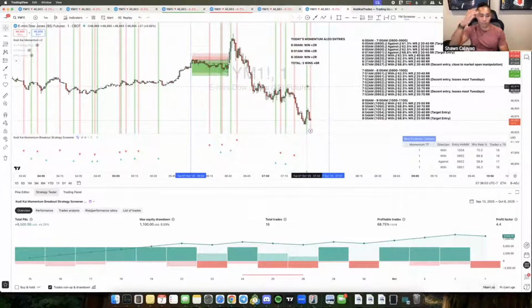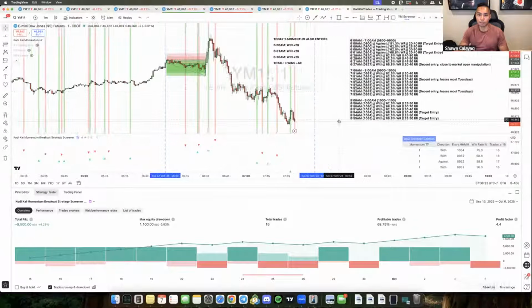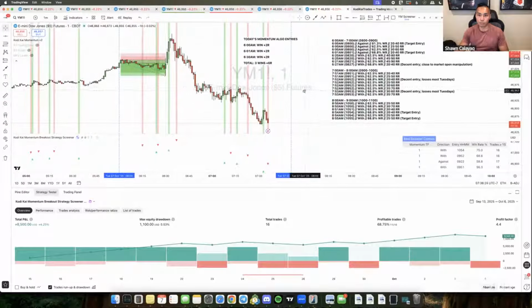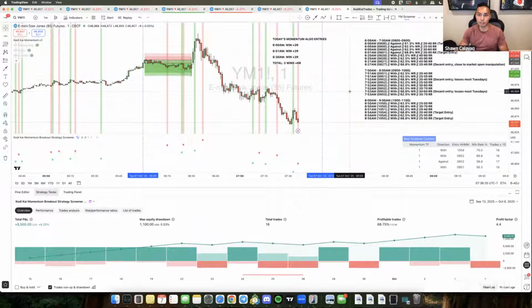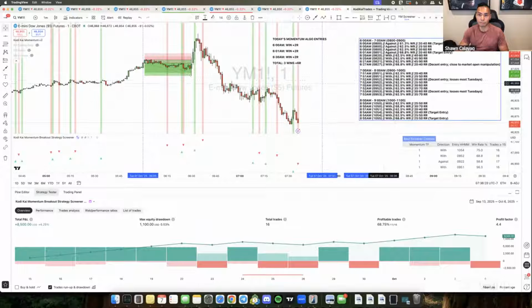A lot of people were asking if we could automate this. We could automate it, but the thing is you don't want to take every single entry that comes up, right? You still want to have some sort of manual discretion here to identify, okay, do I want to take the trade or do I not want to take the trade? Because they're not all going to be good, right? Even though the probabilities are there, it doesn't mean the trade's guaranteed. So you still have to use some sort of discretion. The probability is high, but do I still want to take it?